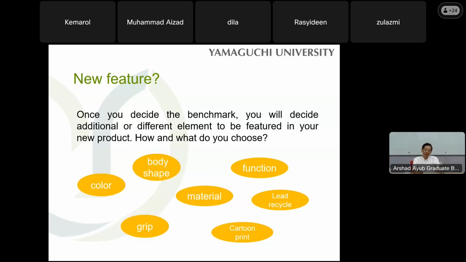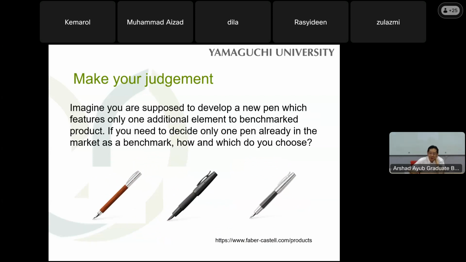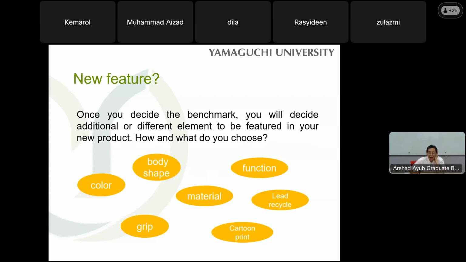Anything can be okay, but if you are familiar with the research process, the most important lesson from writing research is to mimic this process: deciding the benchmark and deciding the additional feature you will add.